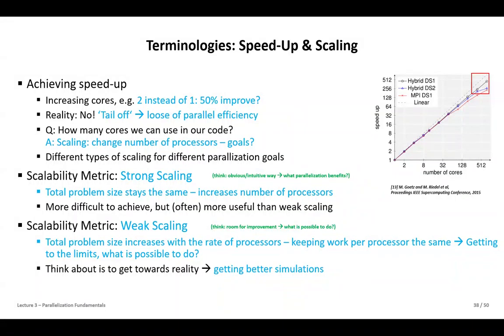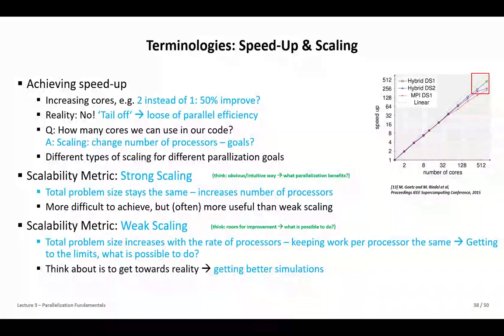So in a sense, what we want to see is the sweet spot of keeping the work per processor the same. With strong scaling, you get the parallelization benefits of having more processors for one problem. But with weak scaling of an application, which is of course our idea for why we do this, we have an application and we want to see what is possible to do.